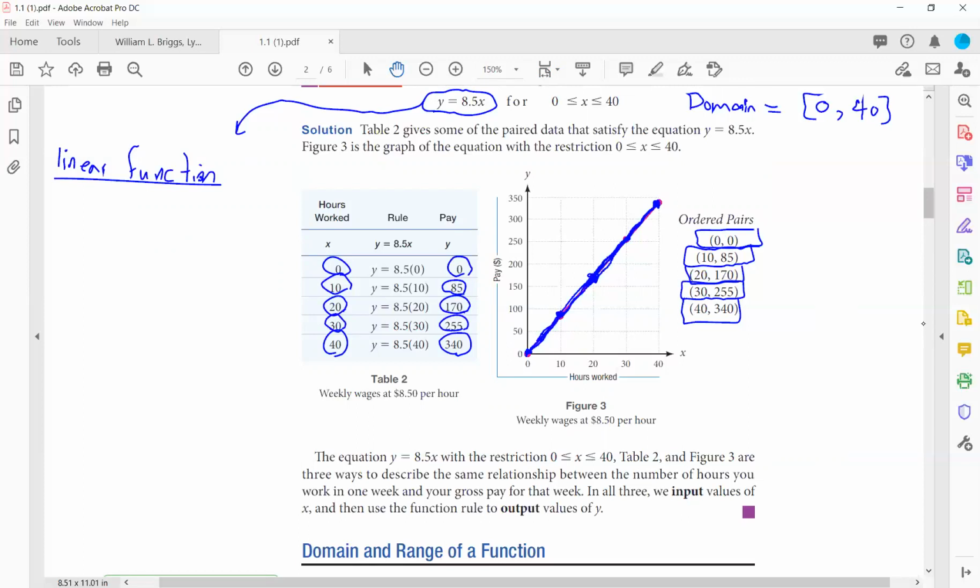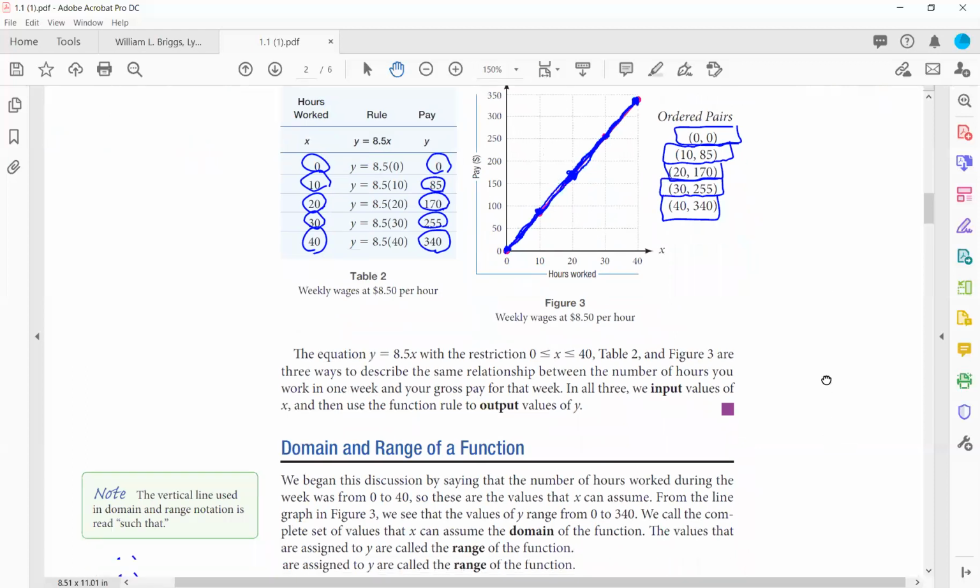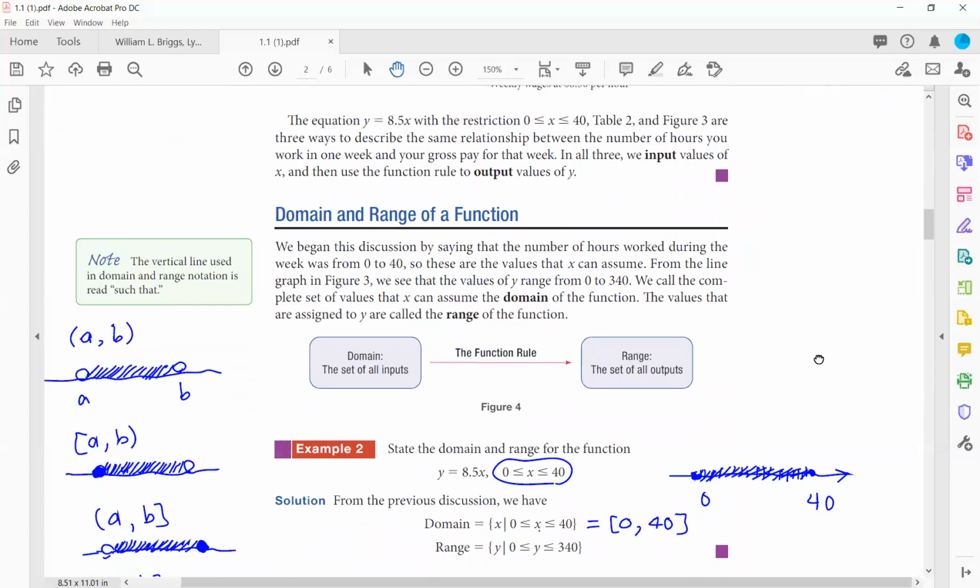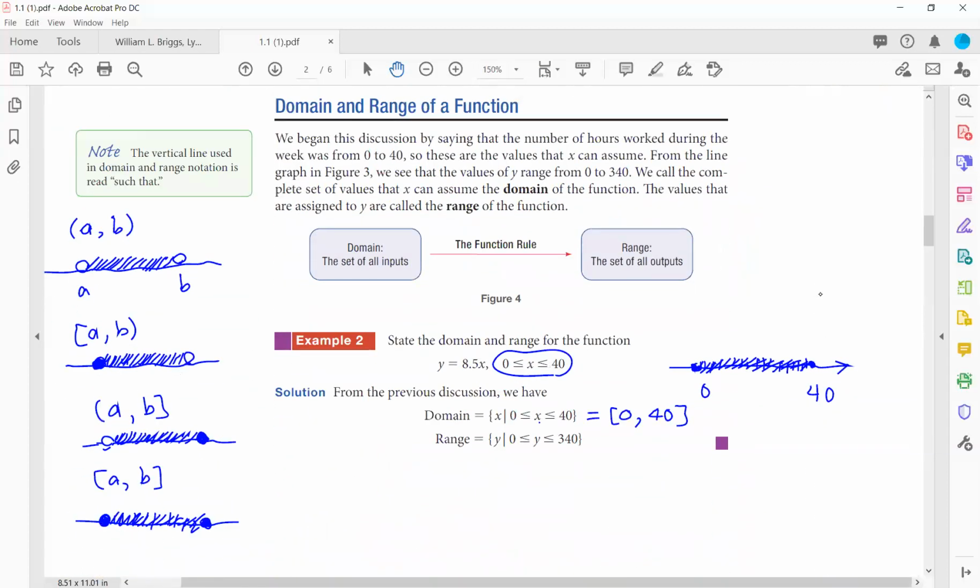Range or Y values, starting from 0 and stopping at 340. This is your range. All numbers between 0 and 340.